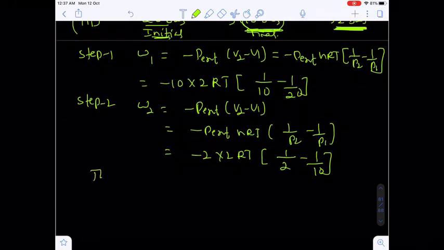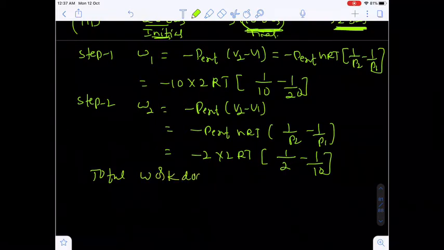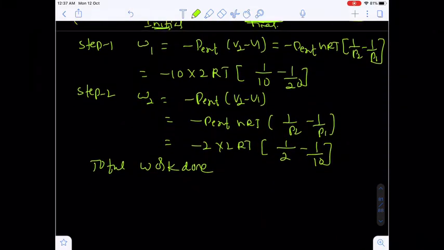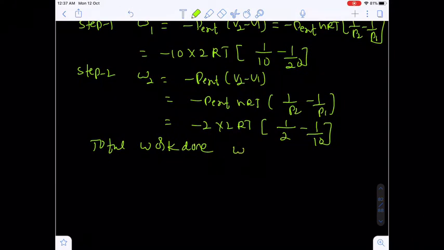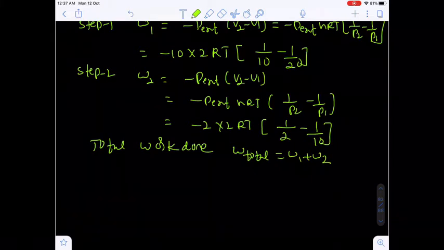So now I have to find the total work done. W total will be equal to W1 plus W2. Are you getting my point? So what will be the total work done in 2 steps?